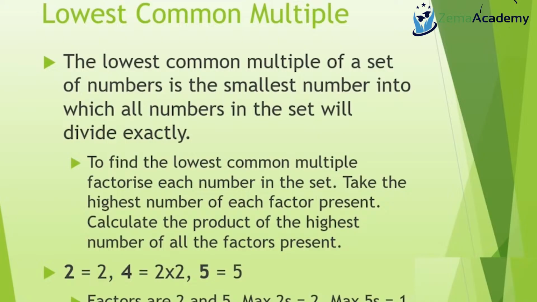To calculate the lowest common multiple, we therefore take 2 2's and 1 5 and multiply them together. 2 times 2 times 5, giving the lowest common multiple 20. 20 is the lowest number that number 2, number 4 and number 5 can be divided into.